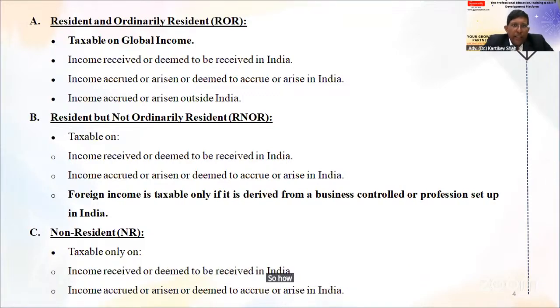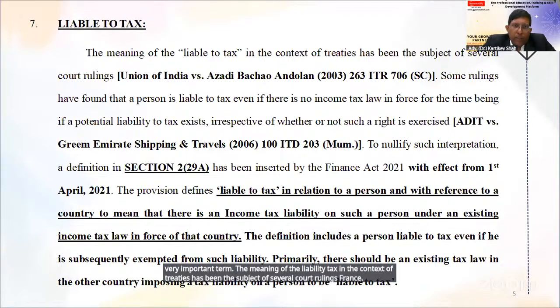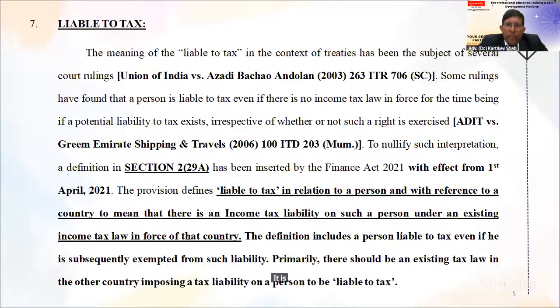So how can these three categories be determined? That is very important. But first of all, let us understand "liable to tax". This is a very important term. The meaning of liable to tax in the context of treaties has been the subject of several court rulings. Friends, I suggest that you please read the Azadi Bachao Andolan case. It was decided by the Honorable Supreme Court, and it is important because many conclusions have been drawn from the verdict of this decision.